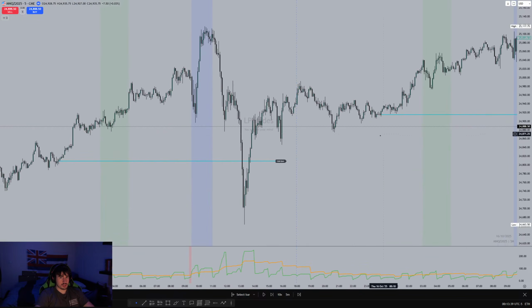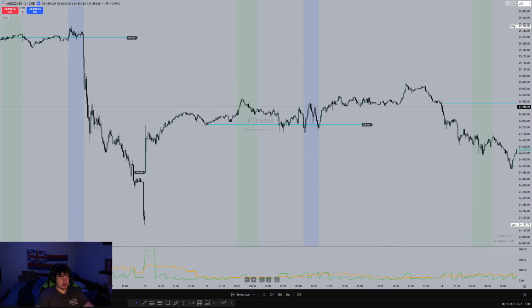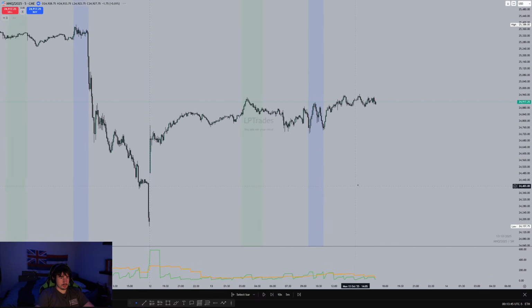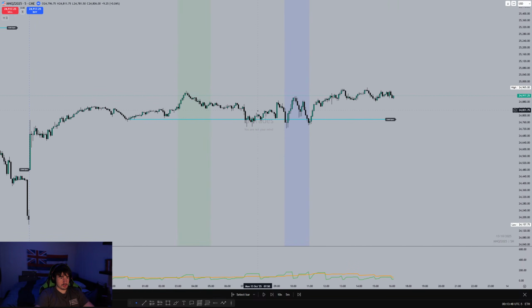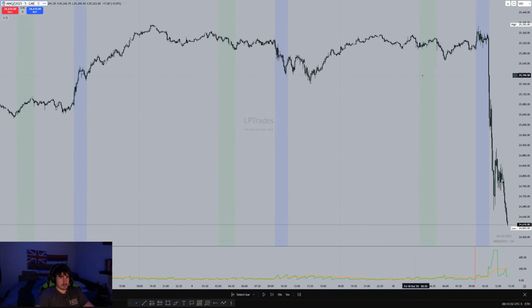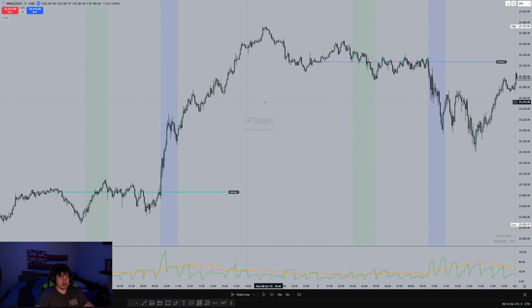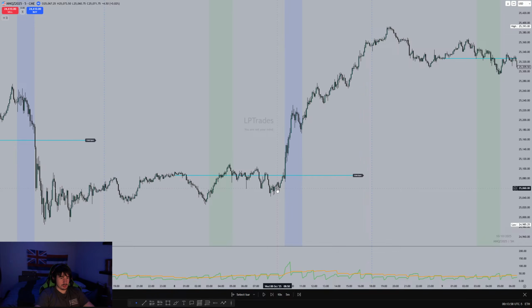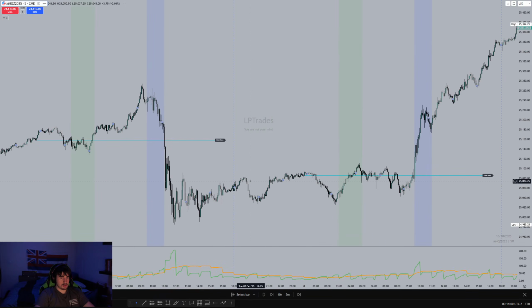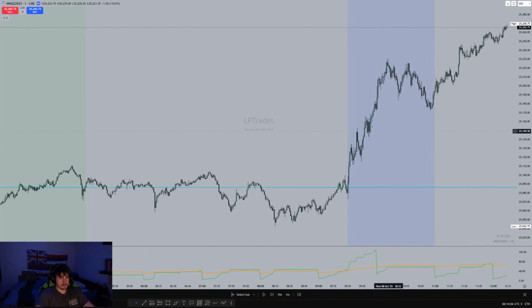Consolidating, no trade. TR. Consolidating, no liquidity taken. ATR's present. Nasty move. Consolidating around midnight. Down here we're around midnight, no trade. Although I wonder if maybe there's a short. No.